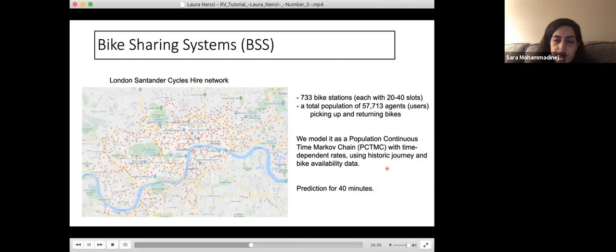Given the number of bikes and free slots in a station at a certain time t, we can compute the probability distribution of the number of bikes and free slots in the next 40 minutes. So we can predict the evolution of the system for around 40 minutes.